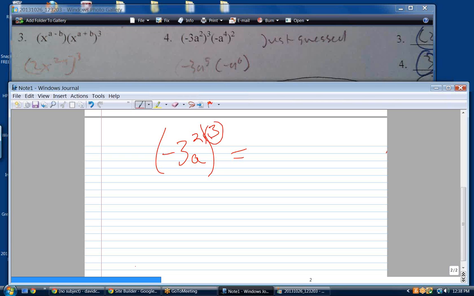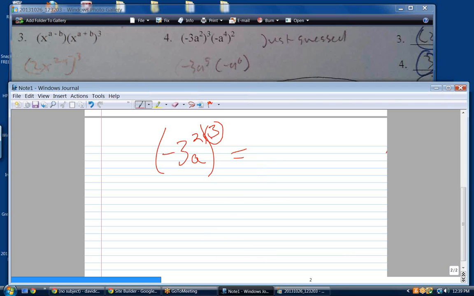You notice why? In other words, if I said this, then the 2 would be acting on the negative 3. But that's not what they've written. They've written minus 3a squared. So the 2 here only operates on the a. But the 3 operates on everything inside the parentheses.